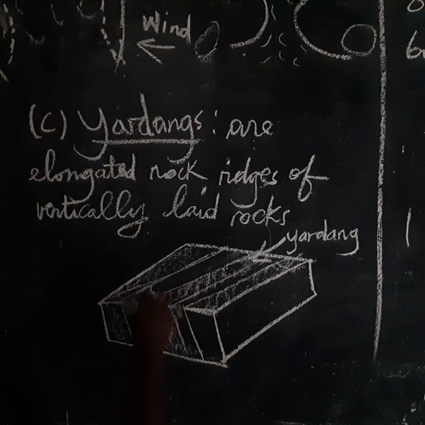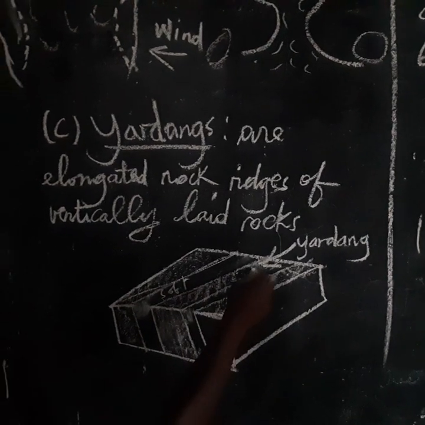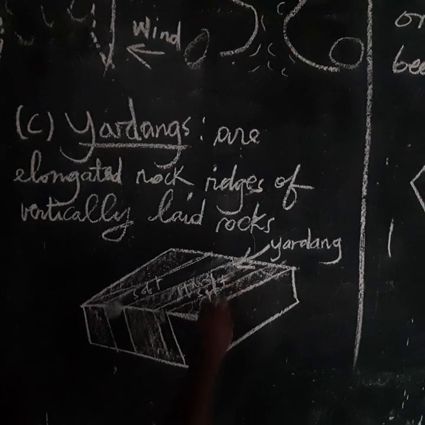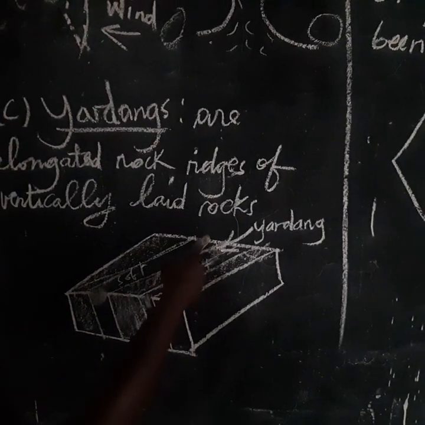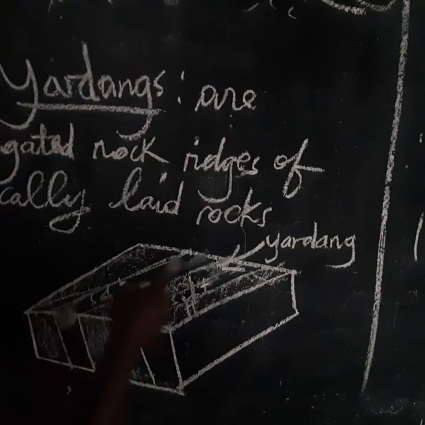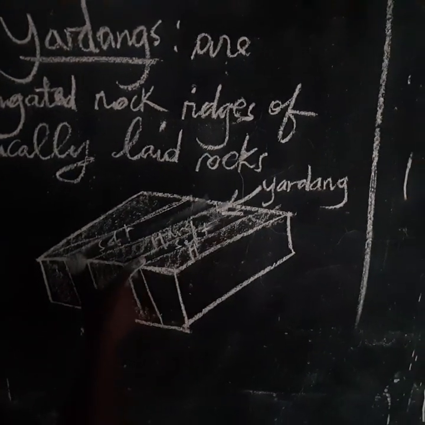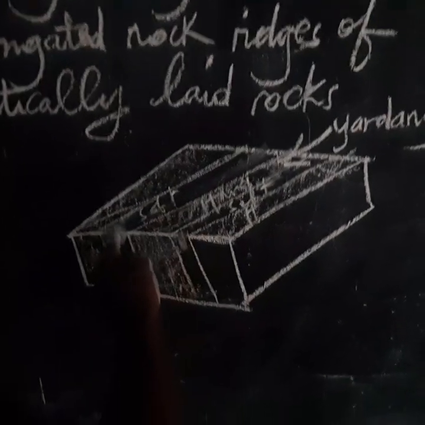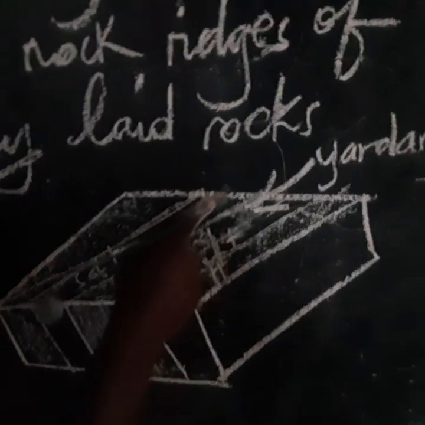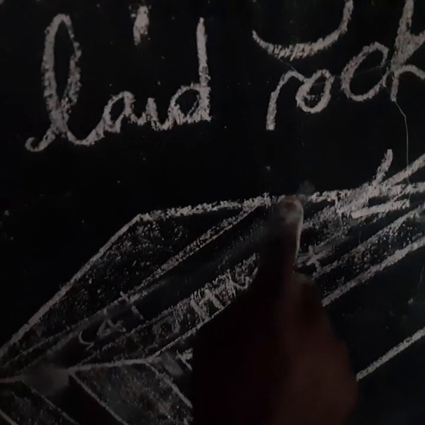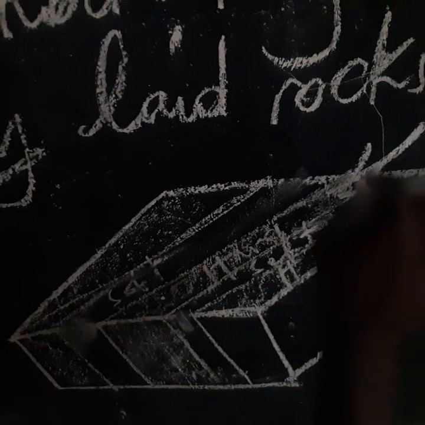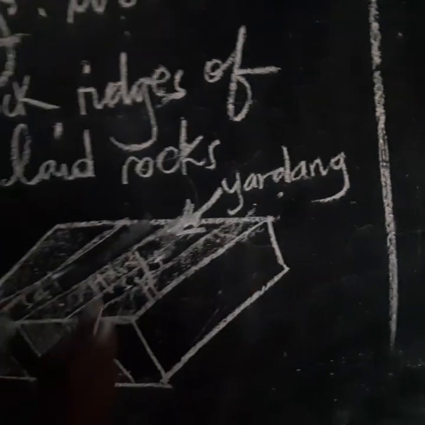This part is made of soft rock, this one of hard, this of soft, and this of hard. After weathering, the soft rock which has been weathered will be blown away by the wind, leaving a depression or gully here, and another here. The resistant rock, which seems as a ridge, makes up what we call a yardang.